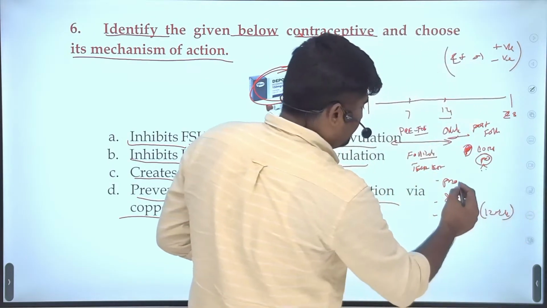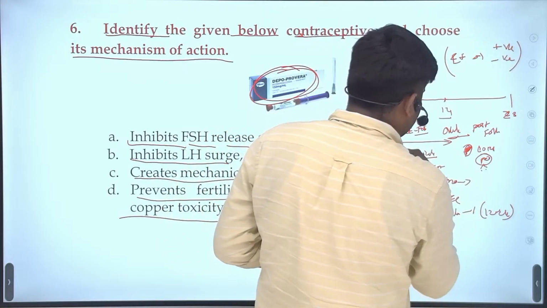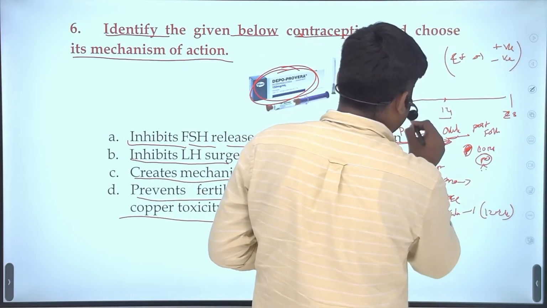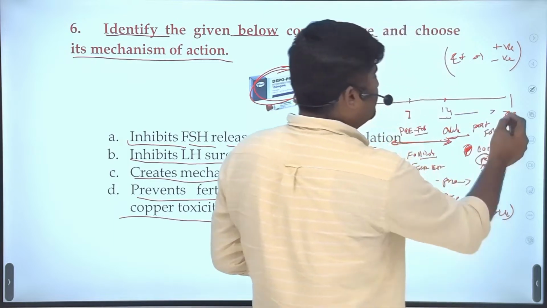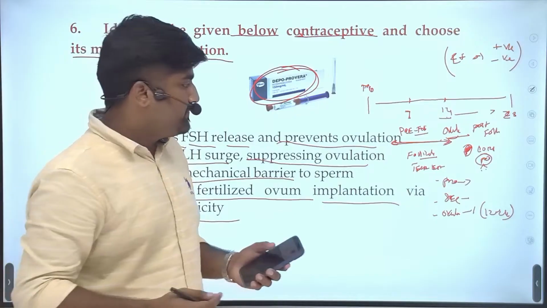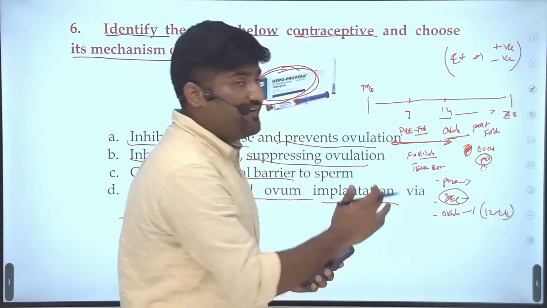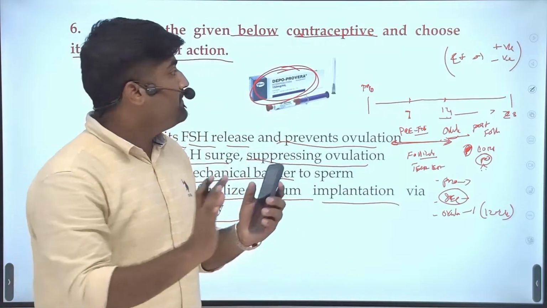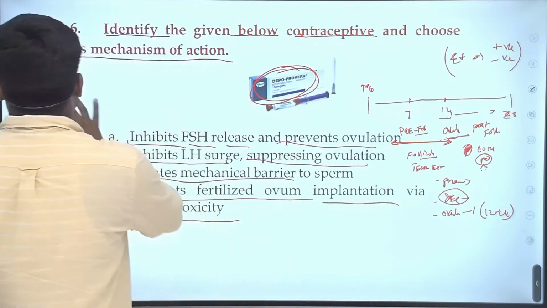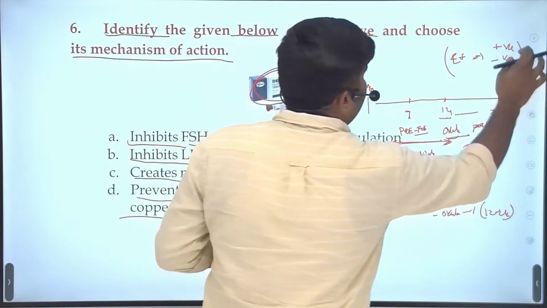The proliferative phase is where proliferation happens, from day 7 to 14. The secretory phase is after day 14 till menstruation occurs, after which the endometrial layer sheds. This is the short form. Just remember these points, that is enough. Okay, yes.